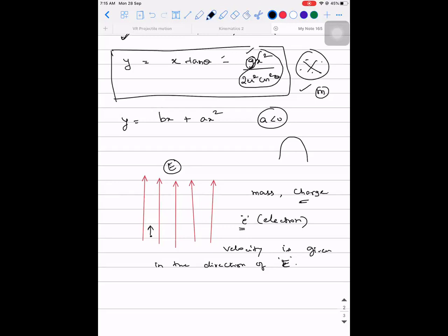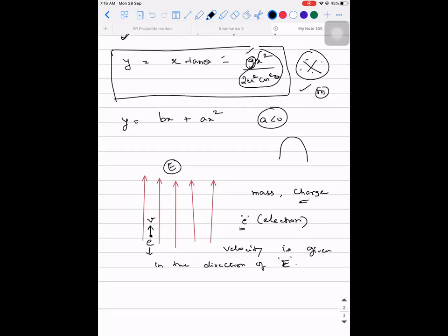If the electron was given velocity in the direction of electric field, what would have happened? Sir, it would have got deviated in the opposite direction. Deviated in the sense it would have started traveling in the opposite direction. That's what you're trying to say.